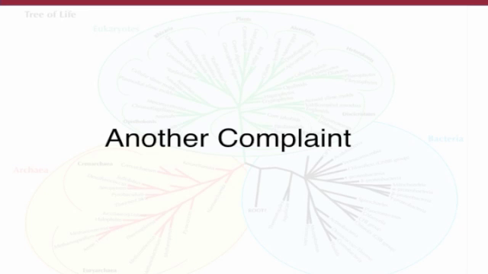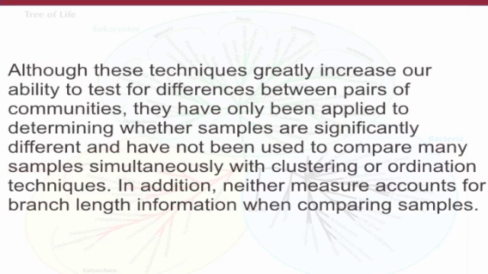Does that make sense? So that's basically their introduction, and this is really common in methods papers. Their introduction is, here's what everybody is doing, or what most people are doing, and it's fundamentally wrong. And then some people have figured out that it's fundamentally wrong, but we can do better.